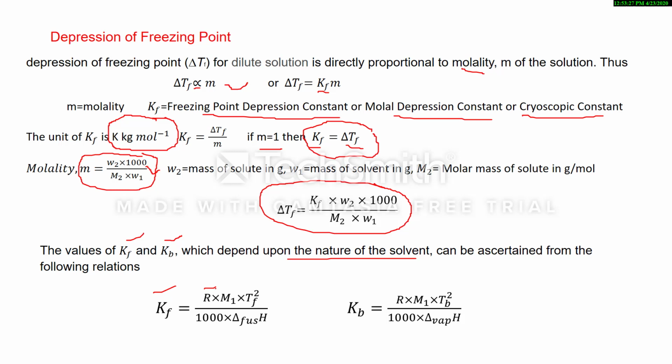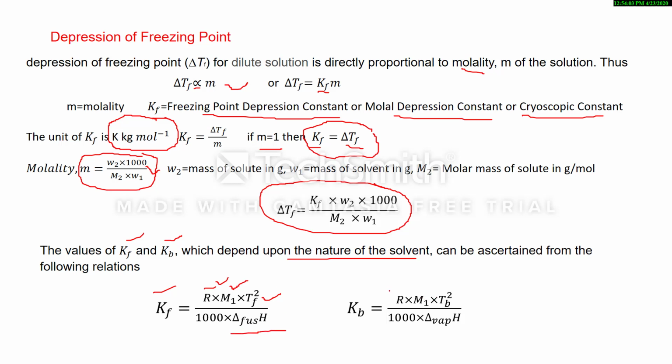Kf is equal to R into M1 into Tf square divided by 1000 into delta H fusion, and Kb is again R into M1 into Tb square divided by 1000 into delta H vaporization, where R is the gas constant, M1 is the molar mass of solvent, Tf is the freezing point of pure solvent, and this is the enthalpy of fusion.